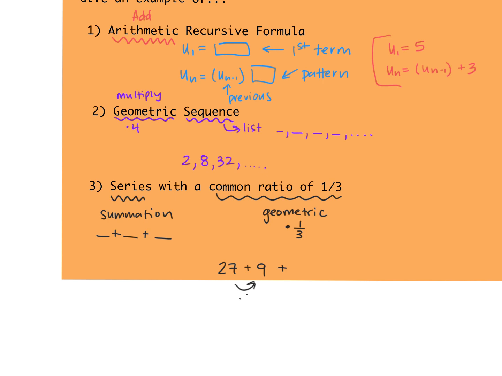Okay, so multiplying by 1/3 gives me 9. I need one more value in this series to show that it is geometric and not arithmetic. If I multiply that by 1/3, I get 3. Right? I could even go further, multiply by 1/3 one more time, I would get 1, but I think 4 terms is enough. You need at least 3. There is an example of a geometric series that has a common ratio of 1/3.